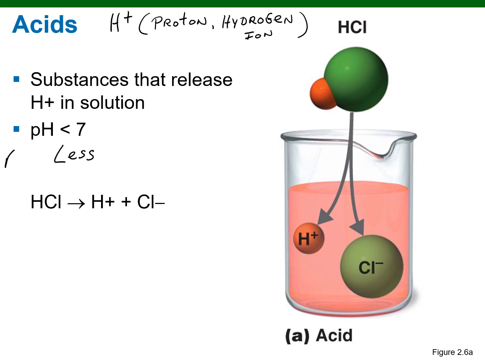Right? So an acid is less than 7, below 7. And so there's acid. Let's move on now to base.